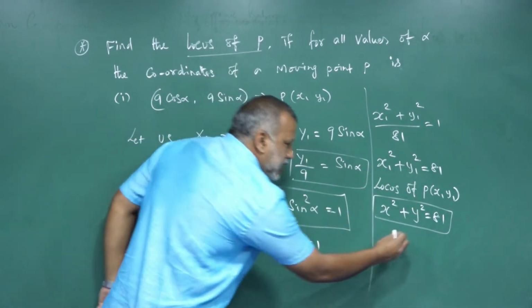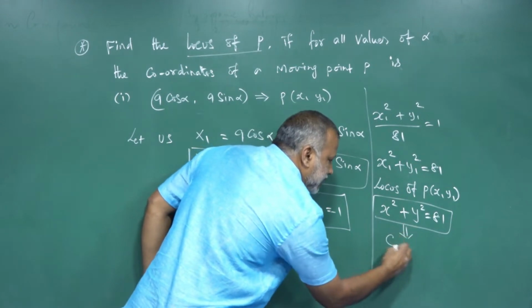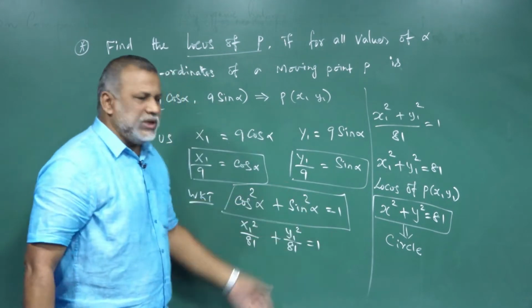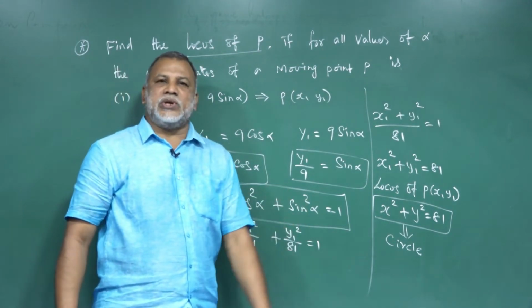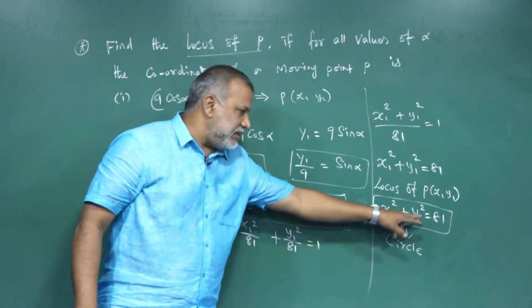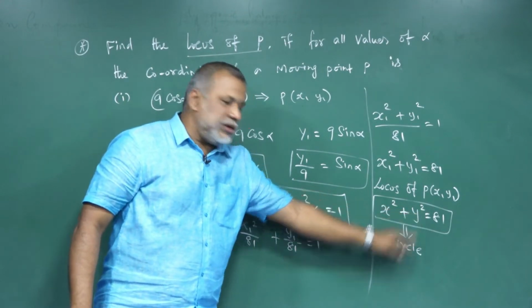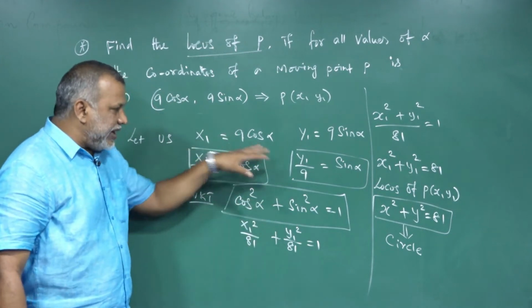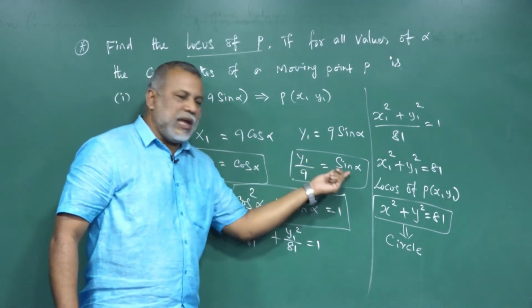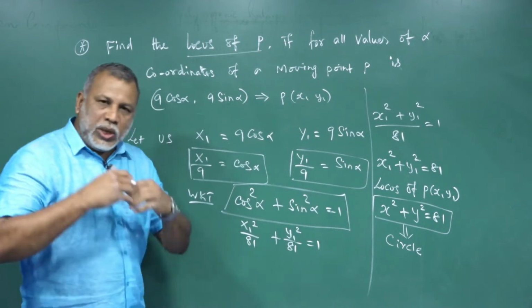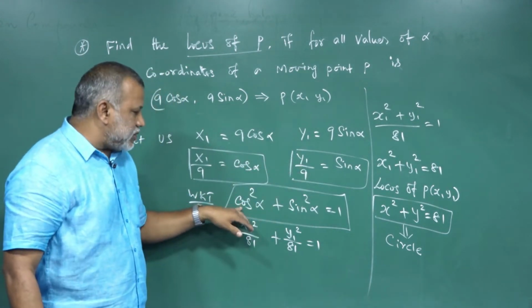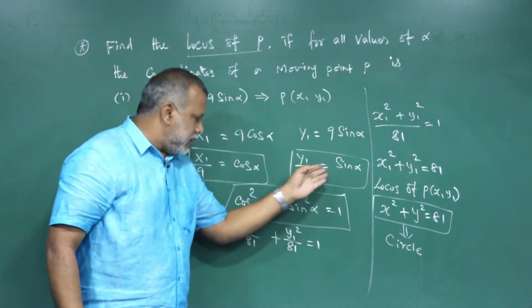It represents the equation of the circle. You can use it in many places: x squared plus y squared equal to r squared, where r squared is nothing but 81, and r is the radius of the circle. Once again, after finding the values of cos alpha and sin alpha, we eliminate alpha with the help of the identity cos squared alpha plus sin squared alpha equal to 1.